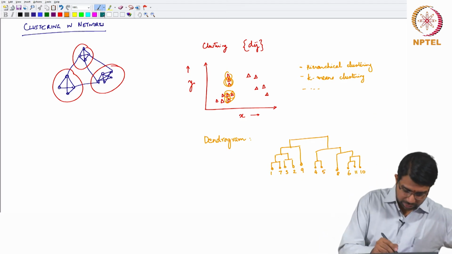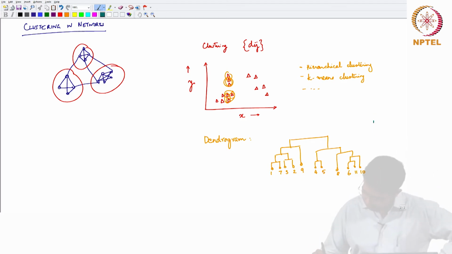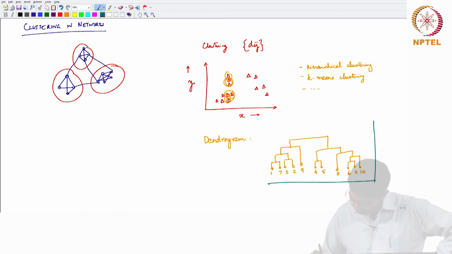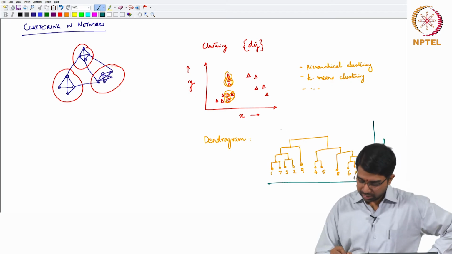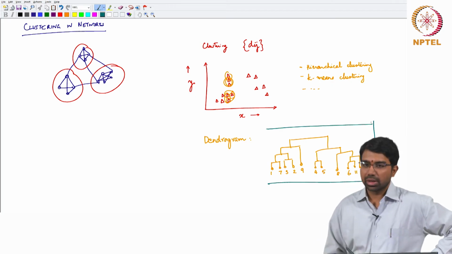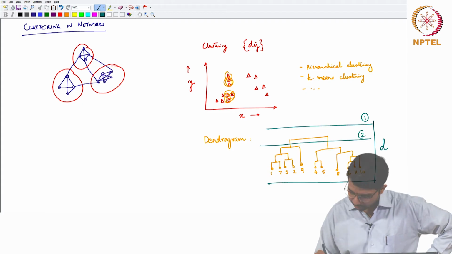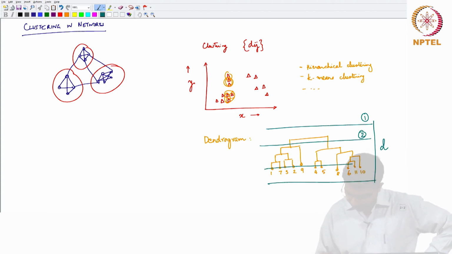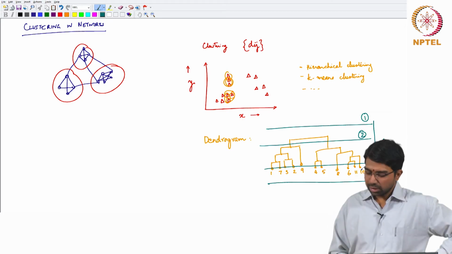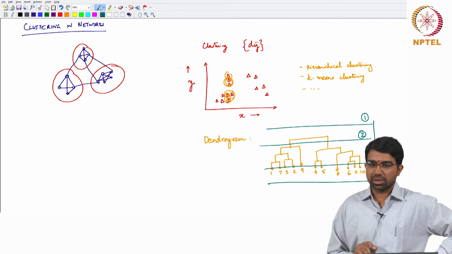Let us think of this as some distance axis. I cut here, I get one cluster, I cut here, I get 2 clusters, I cut here, I get 11 clusters. Every data point is a cluster by itself. So, this is how hierarchical clustering works.